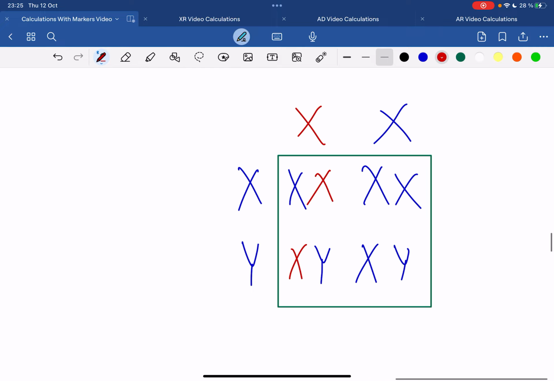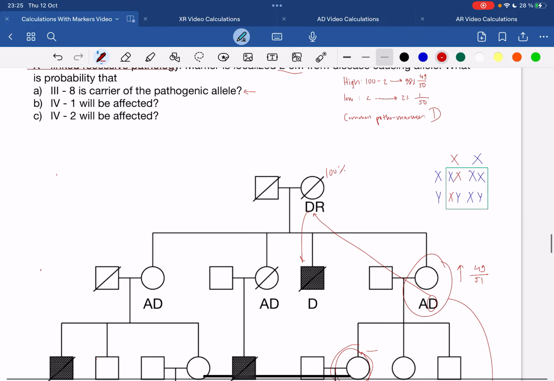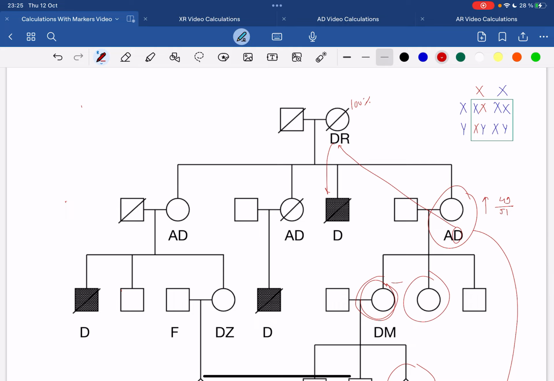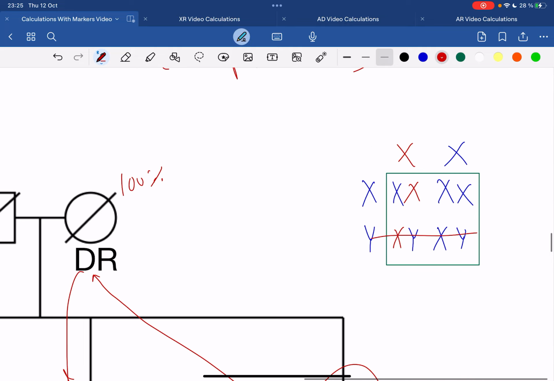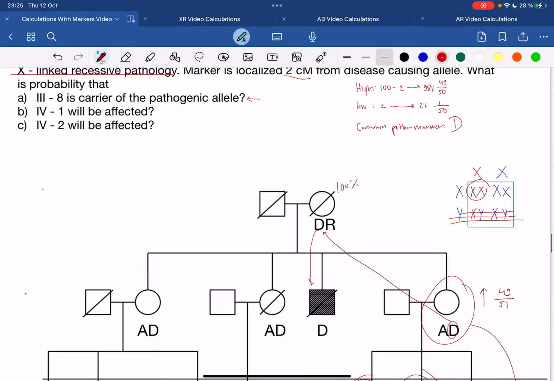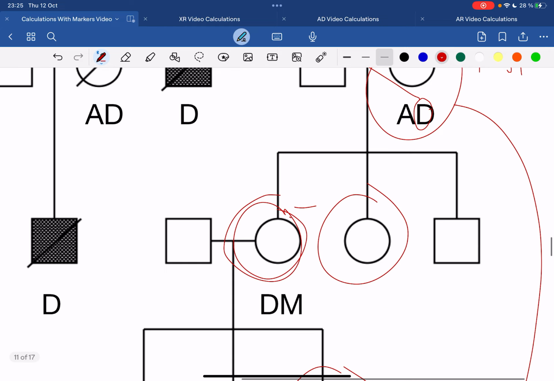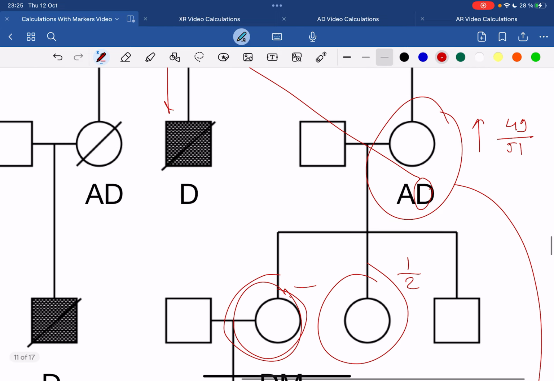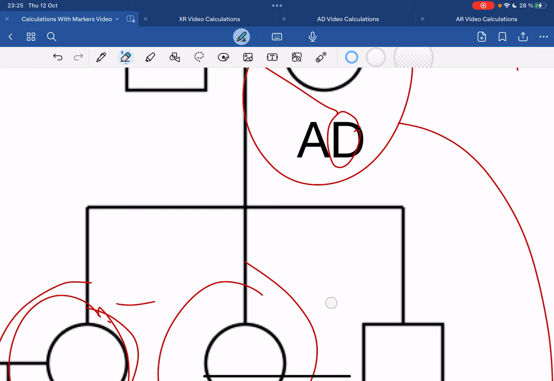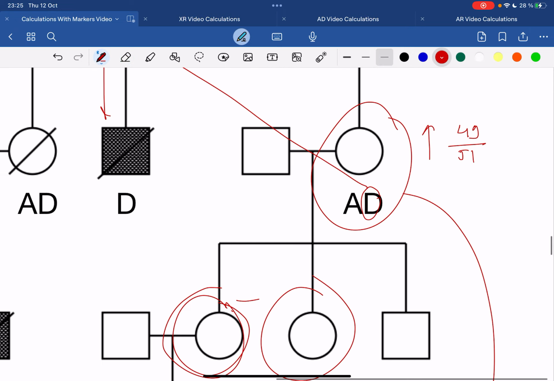There we go. And we know for absolute certain that this person right here cannot be of the male carrier type, has to be the female. So there's 1 out of 2 chances for this person to be a carrier. So 1 out of 2, but then we have to multiply it by the chance that her mother is actually a carrier.